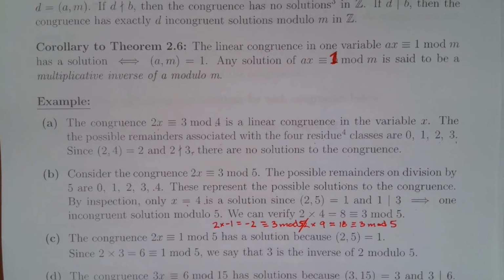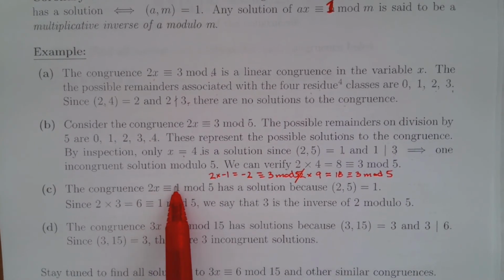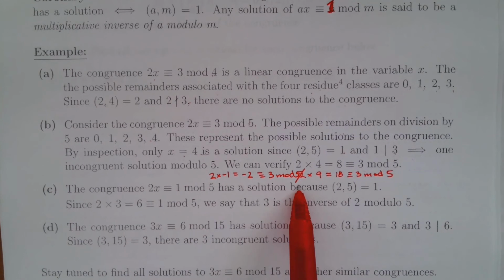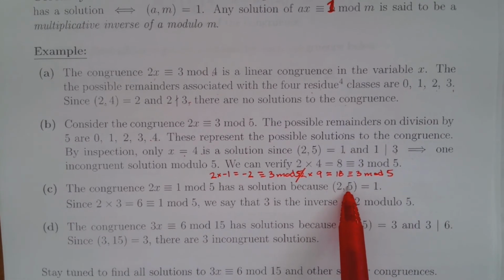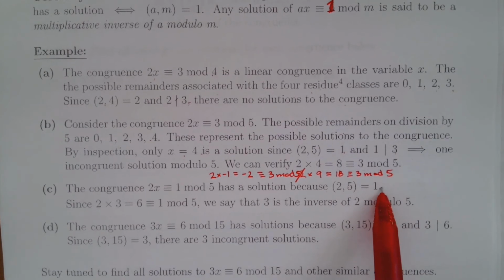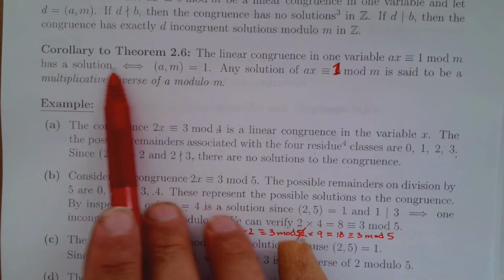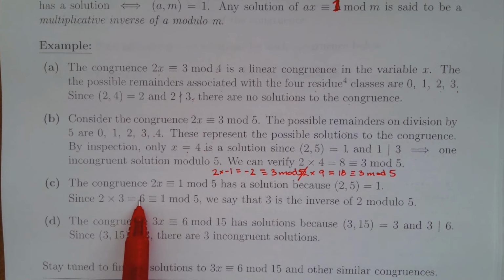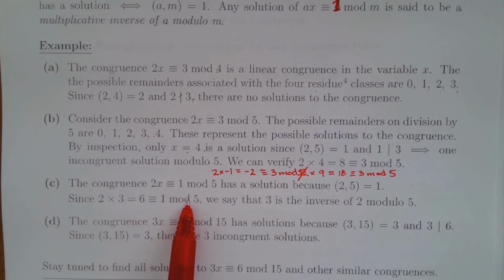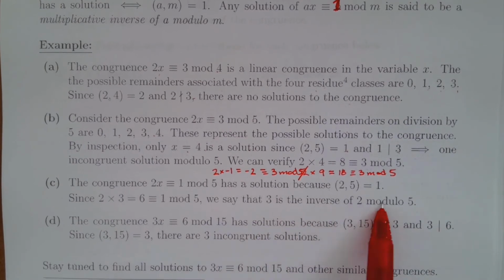Next, the congruence 2x is congruent to 1 mod 5 has a solution because 2 and 5 are relatively prime, like we said, and 1 divides 1. In fact, this is the corollary. Since 2 times 3 is 6, and that's congruent to 1 mod 5, we say that 3 is the inverse of 2 modulo 5.